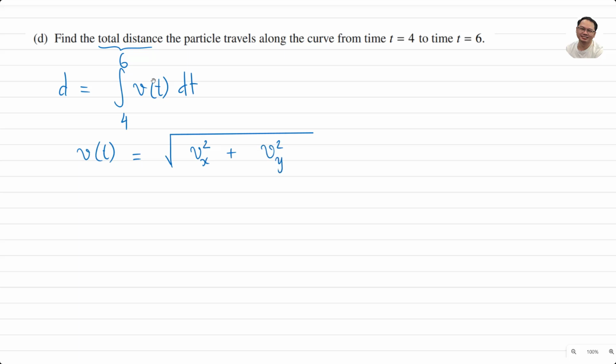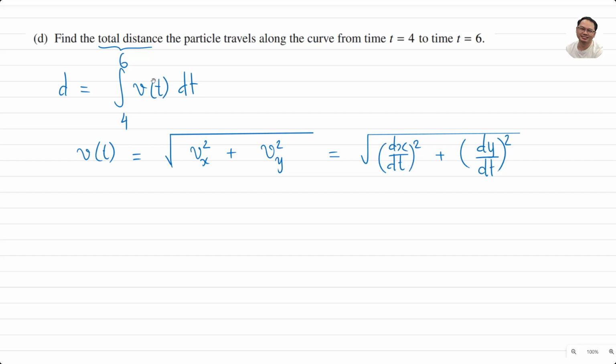And add vx squared to vy squared, which means here we have dx over dt, which is already given. We need to square it and then add dy over dt squared. Here are the two functions of the horizontal and vertical velocities with respect to time.